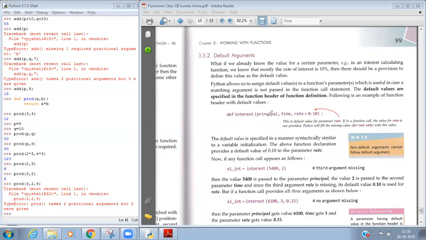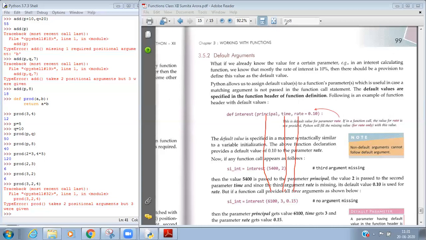Now see the second example. In the second execution of this function, principal is 6,100, time is given as 3, and the rate is given as 0.15. Now these three values will be taken in calculating the interest.